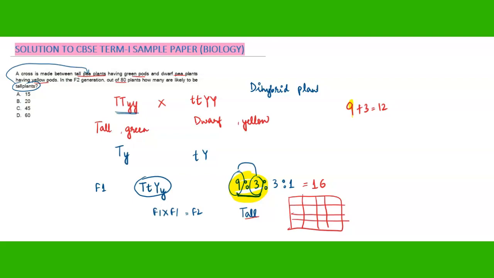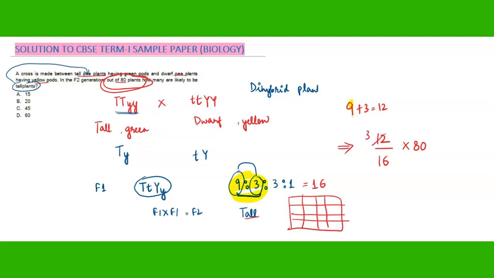So these are 12 individuals out of 16 that are exhibiting the dominant phenotype, and they have given us the value of how many plants? 80. So this is the way you have to do it. 12 are exhibiting the dominant character out of 16 individuals formed, and we have to find out of 80 how many would be exhibiting the dominant character.